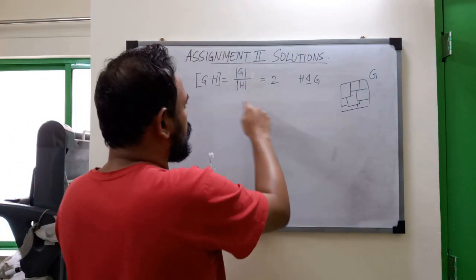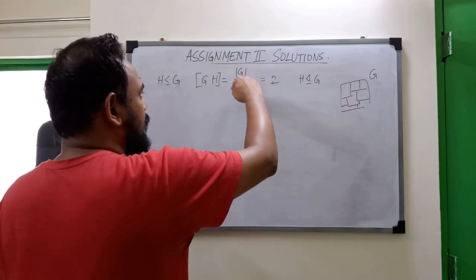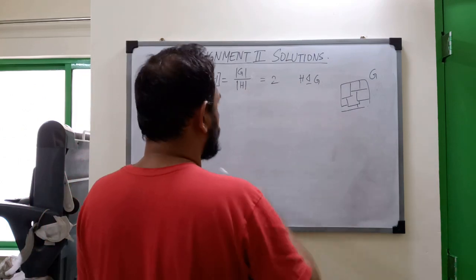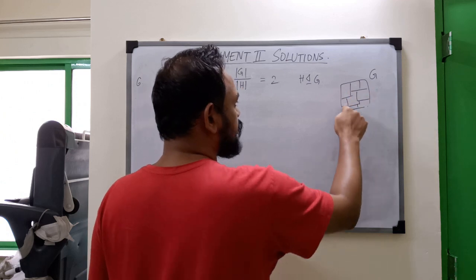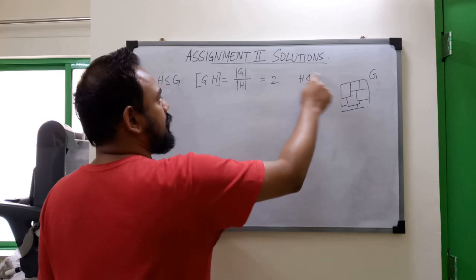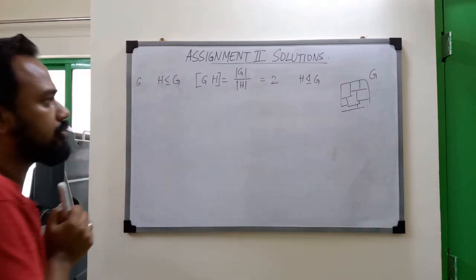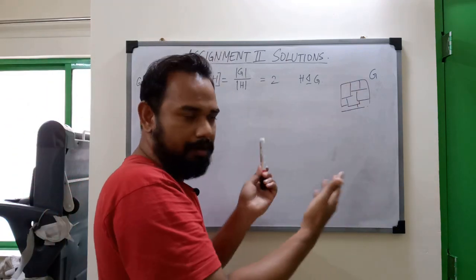So the number of left cosets of H in G would be equal to the number of partitions here. And that's given by the number of elements in G divided by the number of elements in H. Actually, these are all the same size because the cosets are of the same size.